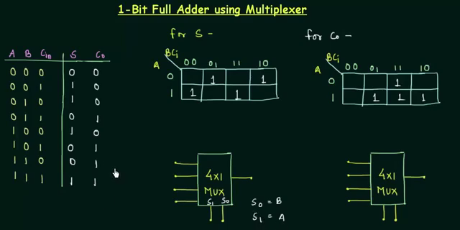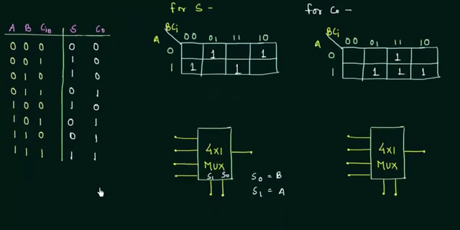Now we will make a small table for the selector variables that we used to do. So this is your A, this is your B, and then I have my output S. I'm doing this for this particular K map, which is for S. And the four possibilities: 0, 0, 0, 1, 1, 0, 1, 1.